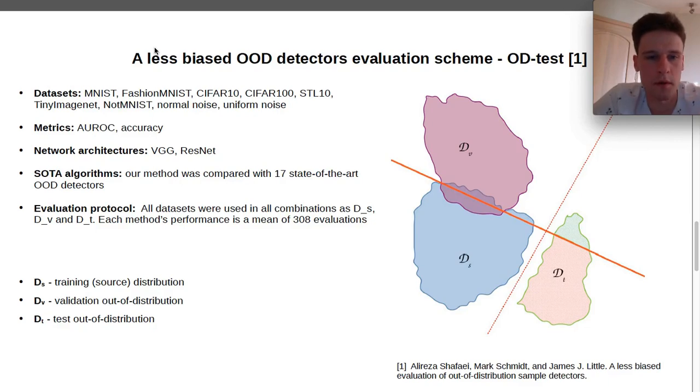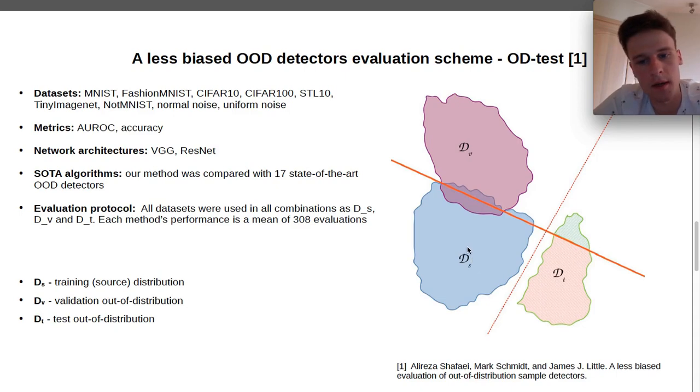We've evaluated our method in a very comprehensive way. We integrated 8 state-of-the-art OOD detectors with an existing benchmark called OD test, where each of the methods is compared on 308 different dataset scenarios, where each scenario is a triplet of datasets.